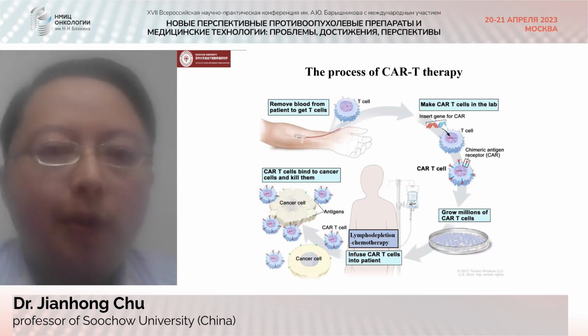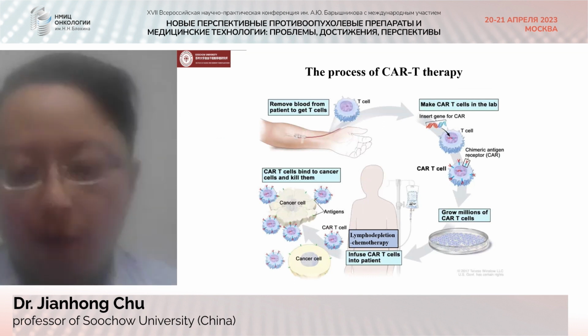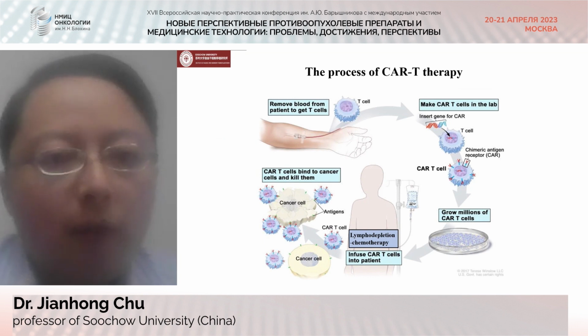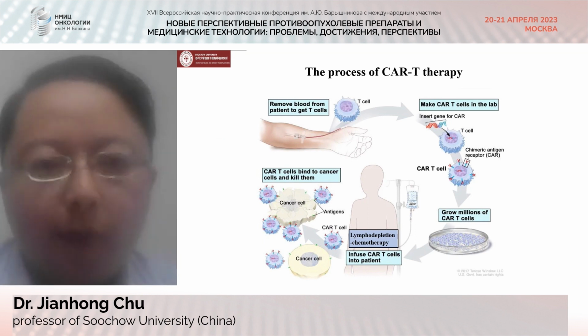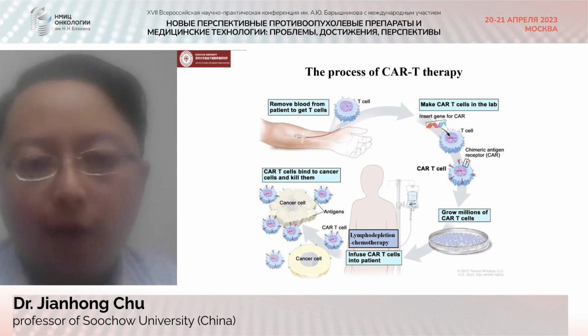This graph displays the process of the CAR T therapy. Firstly, the blood is drawn from the patient to get the T cells, and then the T cells are genetically engineered to express a protein called the Chimeric Antigen Receptor, namely the CAR.